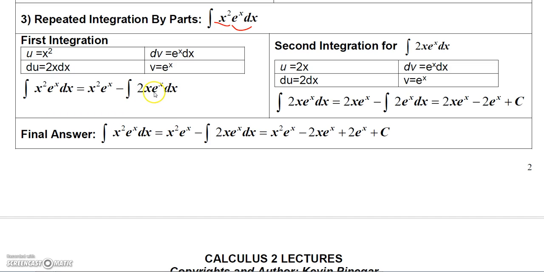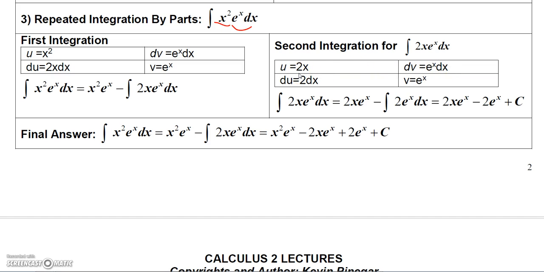Okay, so now this is another one here that I'm going to have to apply parts to in order to integrate. So let's do a second integration for this integral here, 2x e to the x dx. So let's see what I can do here. Why don't I just let u be the 2x, and then let dv be e to the x dx again.